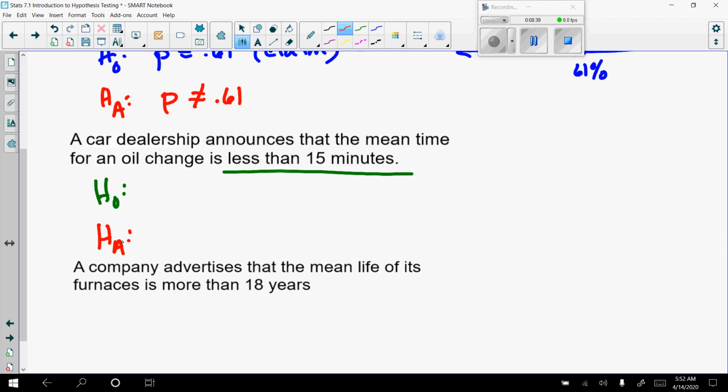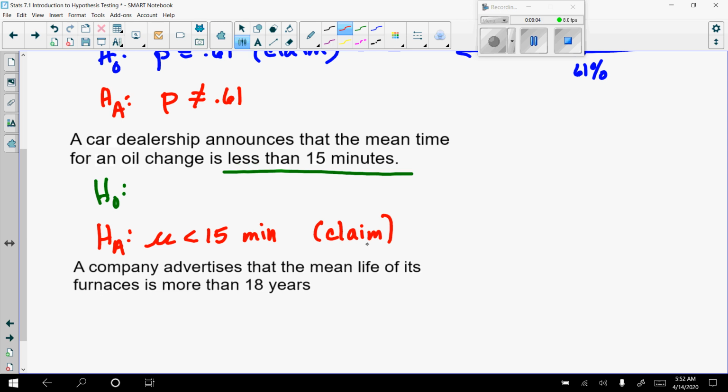They're claiming that their oil change time is unusual in that they can do it in less than 15 minutes. So the mean is less than 15 minutes is what they are claiming. When we do a hypothesis test, we'll be able to say that, no, we're rejecting the usual.